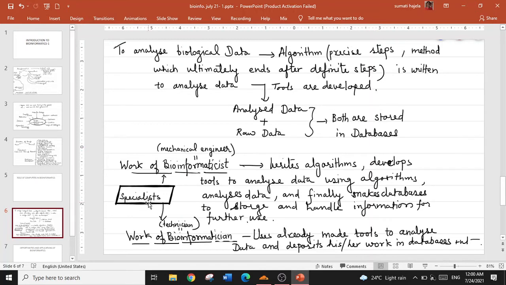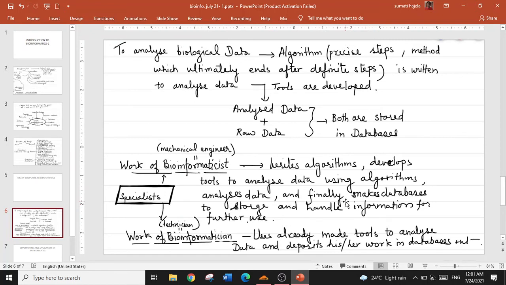There are two forms of specialists in this field. First is the mechanical engineer type, which is known as bioinformaticists. These are those persons or students who do their MSc and PhD in bioinformatics because they are able to write algorithms, develop tools to analyze data, and use different algorithms.